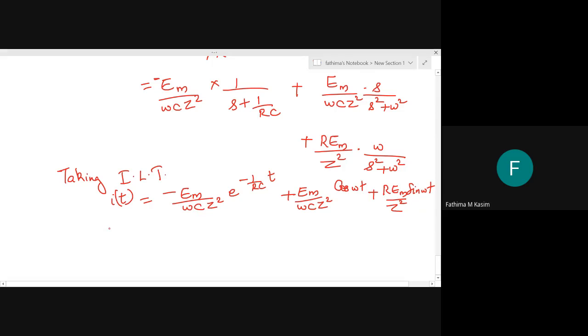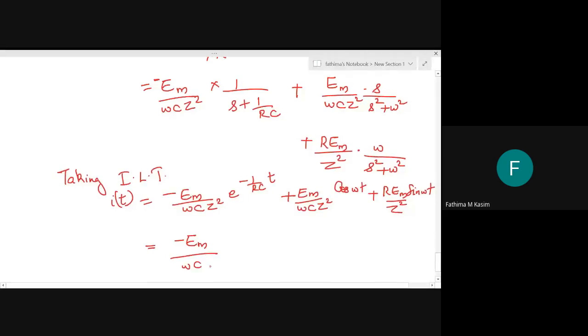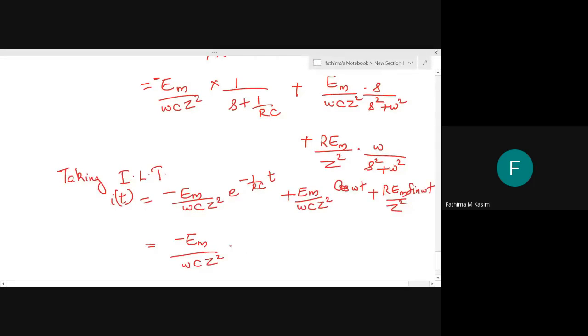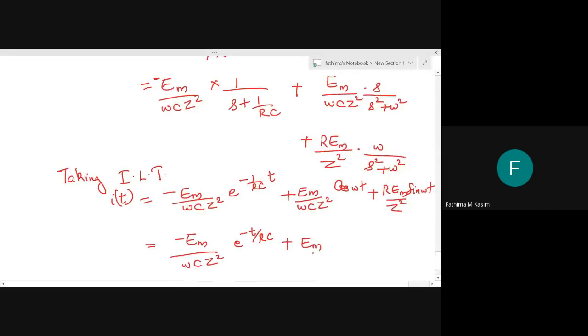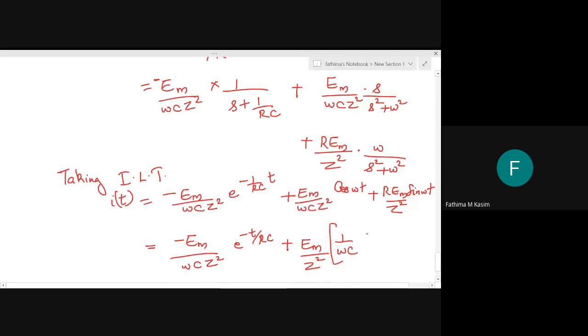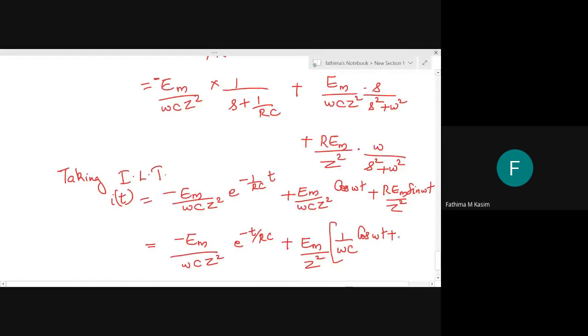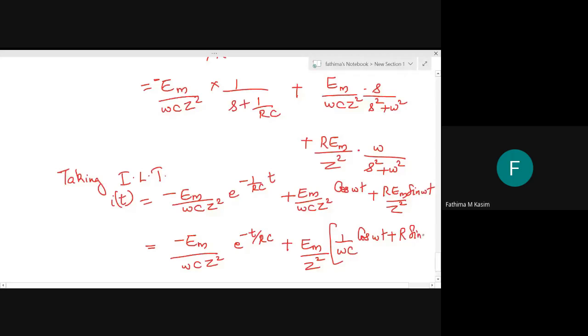Now we can write this as minus Em by omega C Z square e raised to minus t by RC plus, taking Em by Z square outside, Em by Z square into 1 by omega C cos omega t plus R sin omega t.